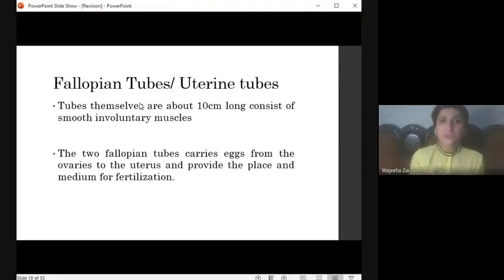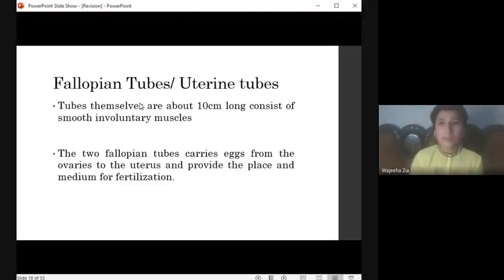The next one is the fallopian tubes. These are the tracts which connect the ovary with the uterus. Eggs are produced in the ovaries and then they are transferred with the help of the fallopian tubes to the uterus. This is 17 centimeters long and consists of involuntary muscle.